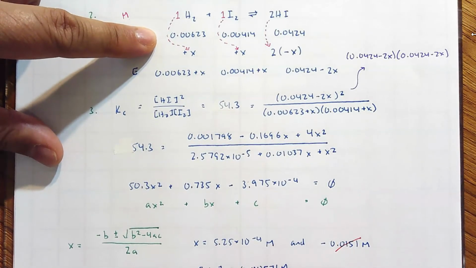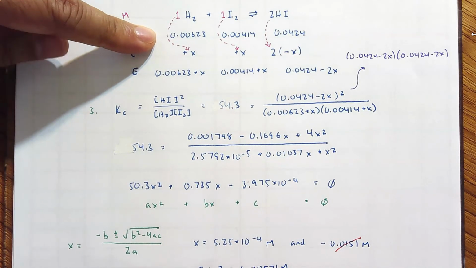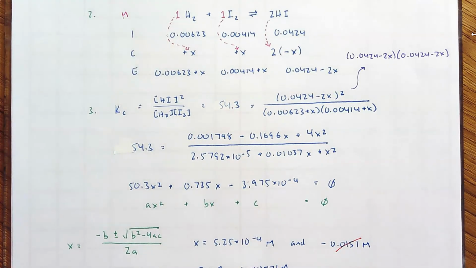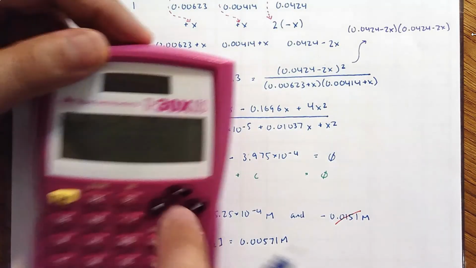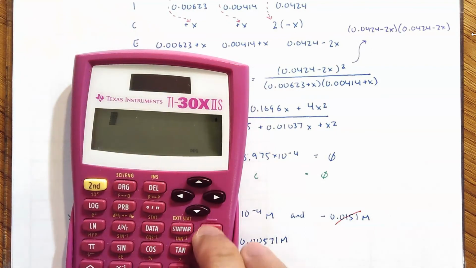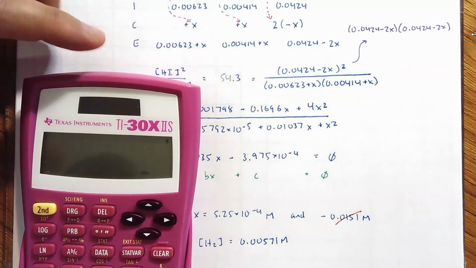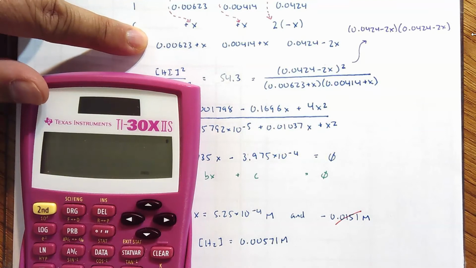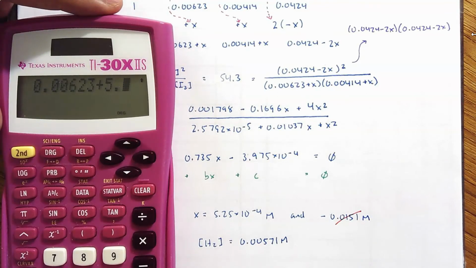Did I do this right? I didn't do this right, because the number should be bigger. I accidentally put minus. Okay, let me try this again. My bad. I'm doing this equation here. 0.00623 plus x, 5.25.